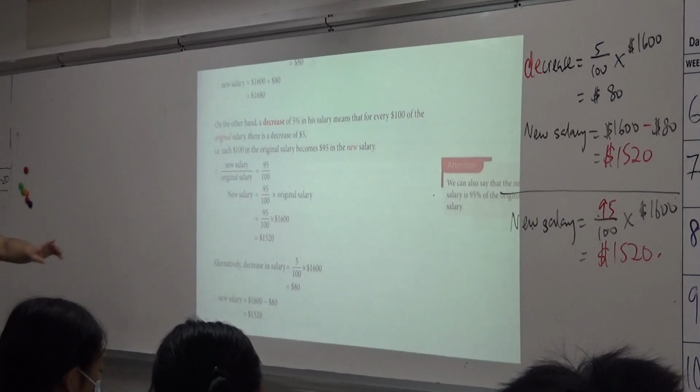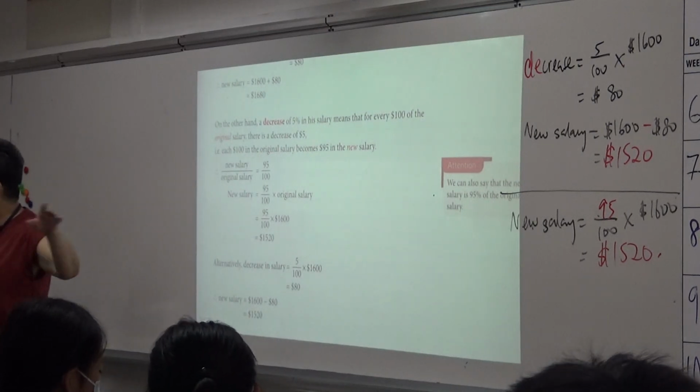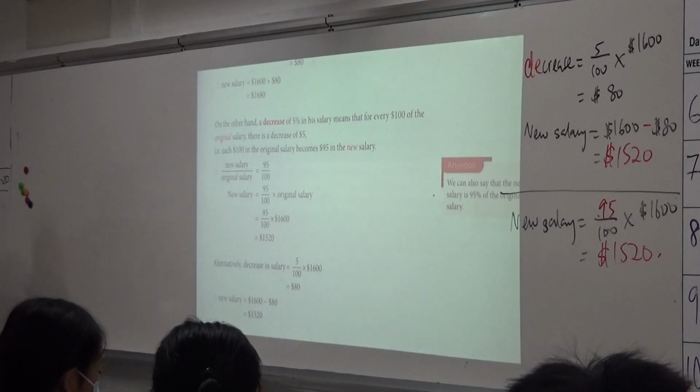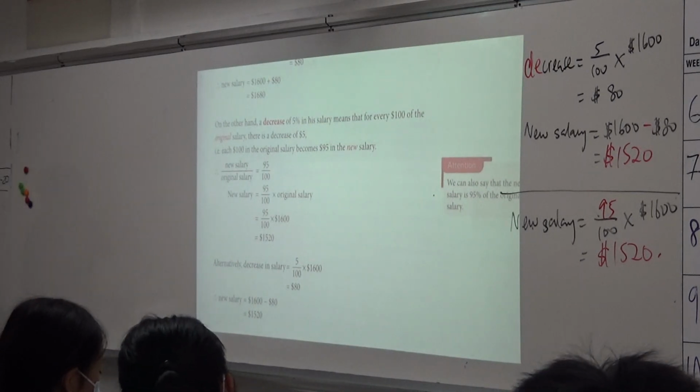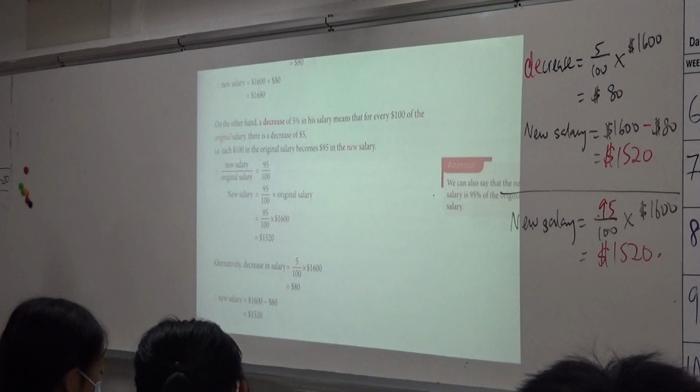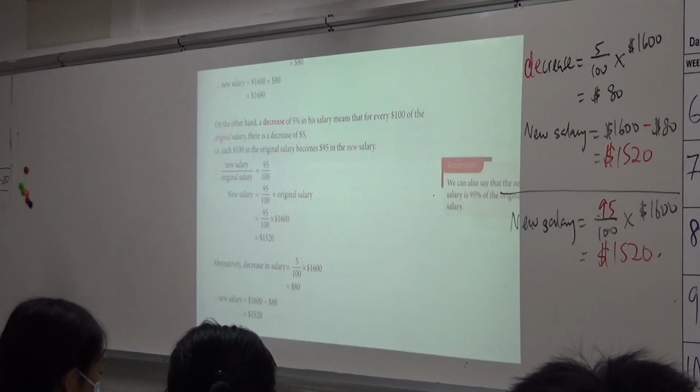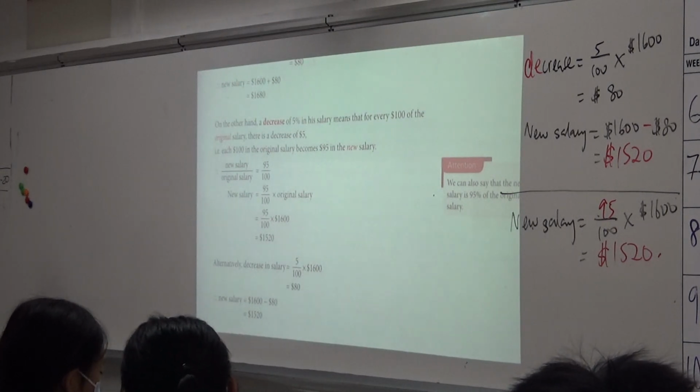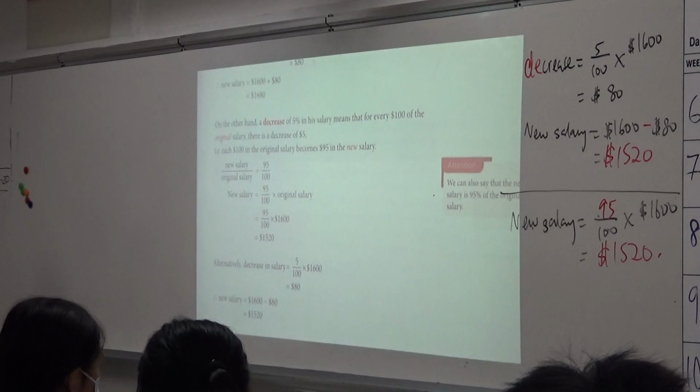But you must write new salary. You cannot just give me numbers. Okay? No problem. If you put 105% times that one, right? I already know it's 105 over 100. You cannot just put 105. But my advice to you is, can you please put 105 over 100? Then you will remember to key in the calculator.